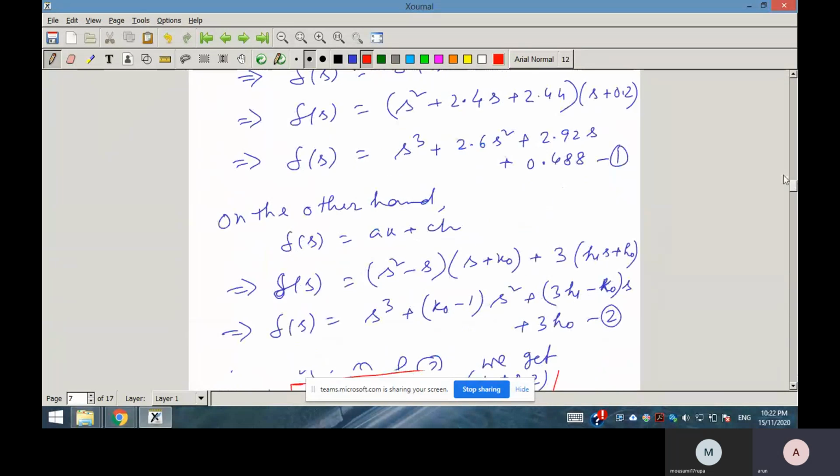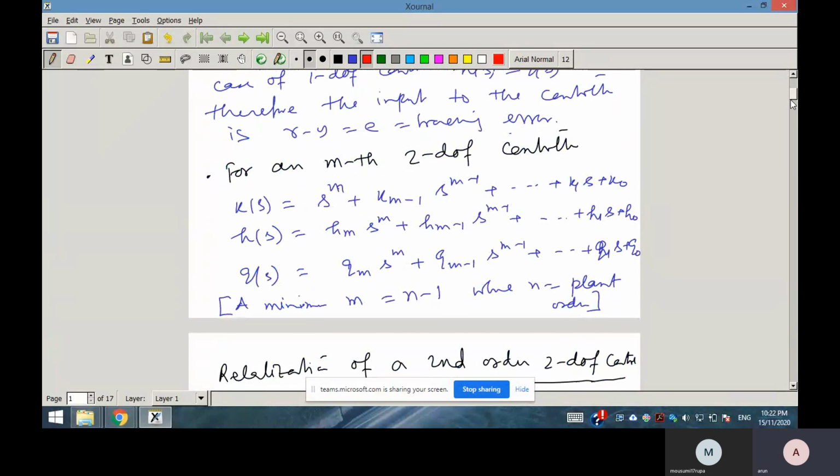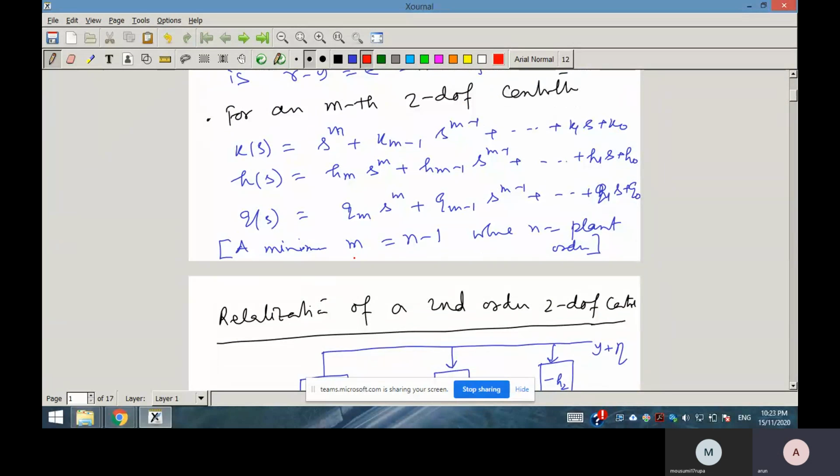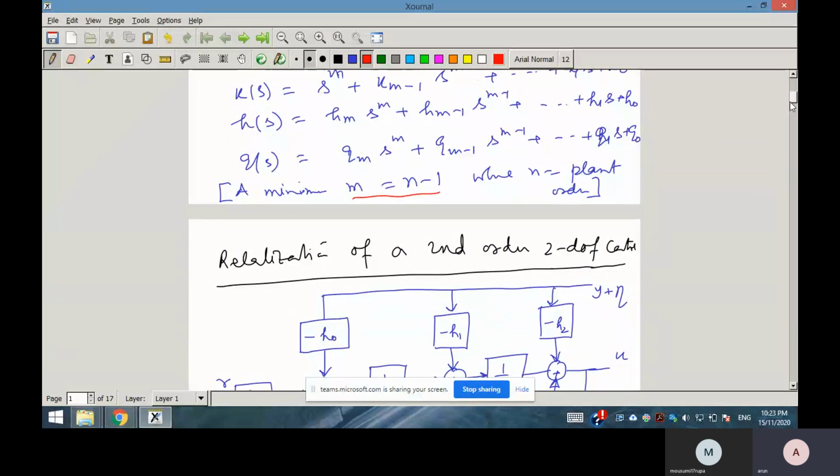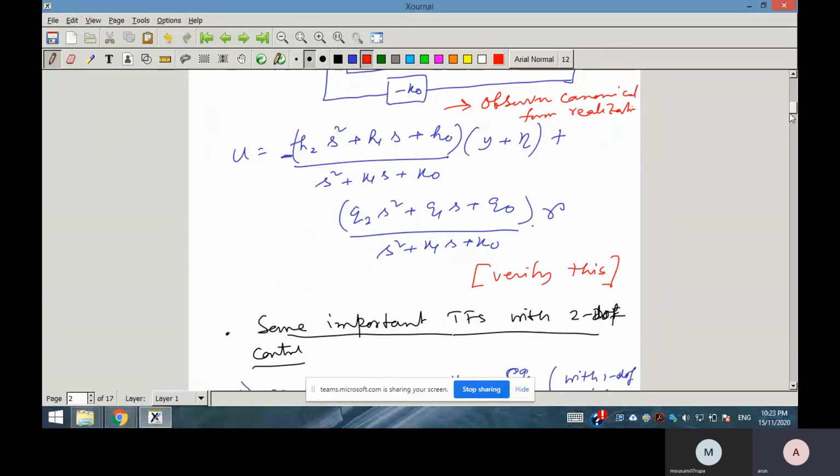Just once again I will see. This is also important: M equal to N minus 1. Whether it is one degree of freedom control or two degree of freedom, the minimal controller is M equal to N minus 1.